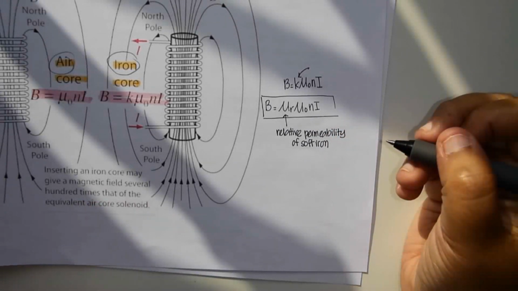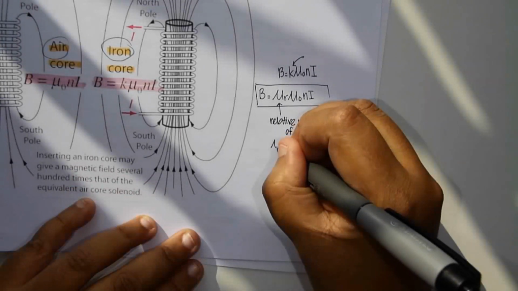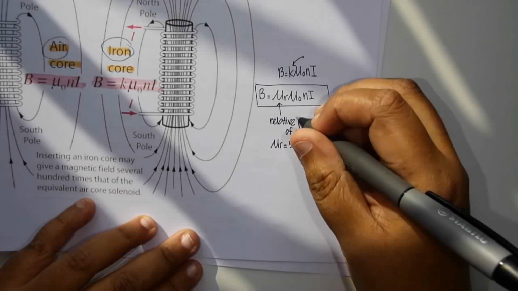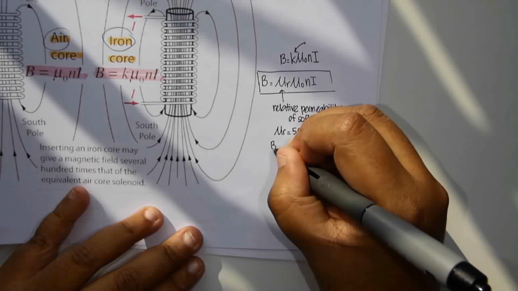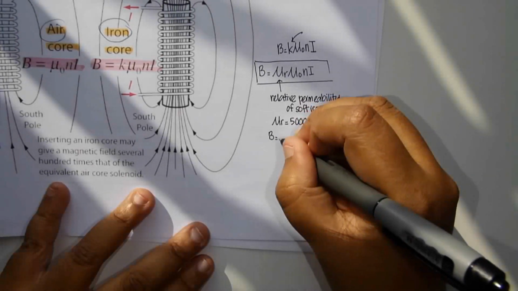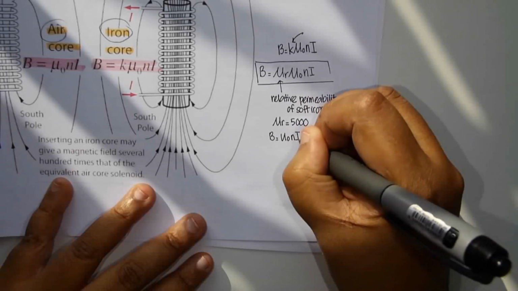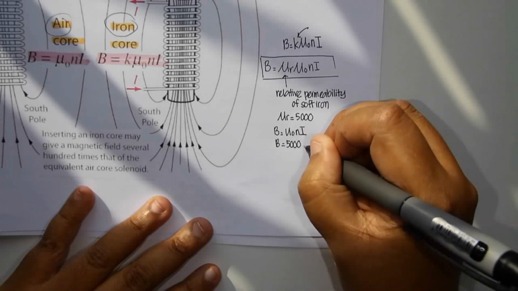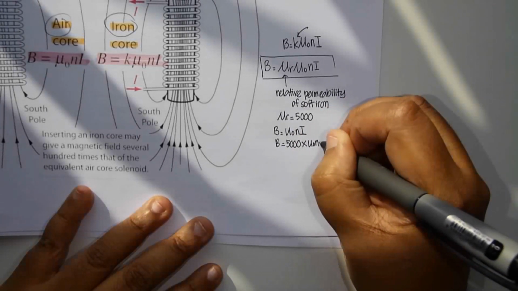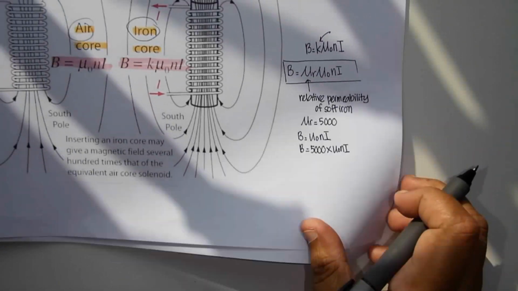For example, the value of μr for soft iron is 5000. So if it's an air core, B equals μ₀nI, but if it's soft iron, B equals 5000 times μ₀nI. So you see how much it is increased. That is how to increase your B.